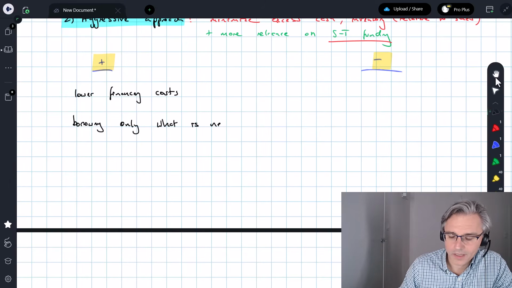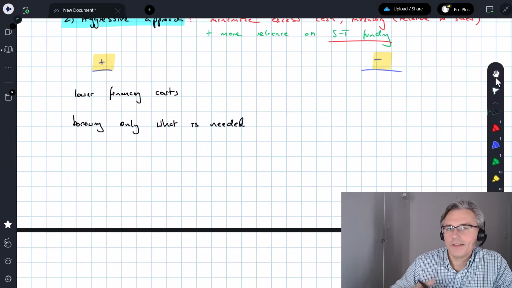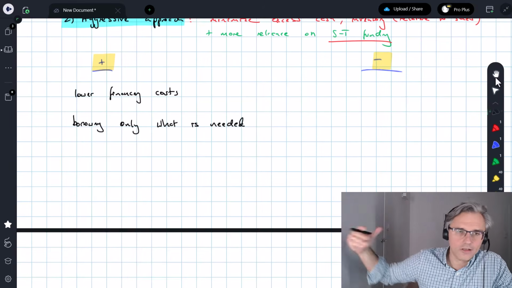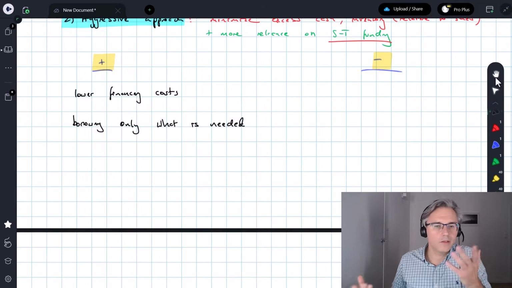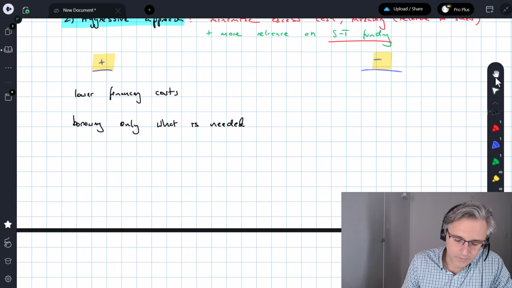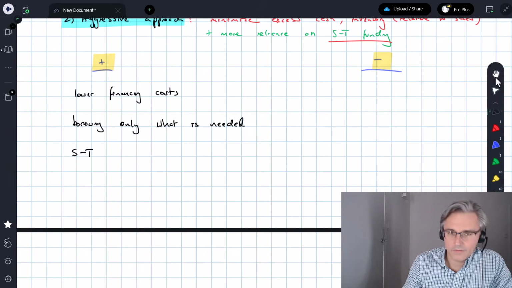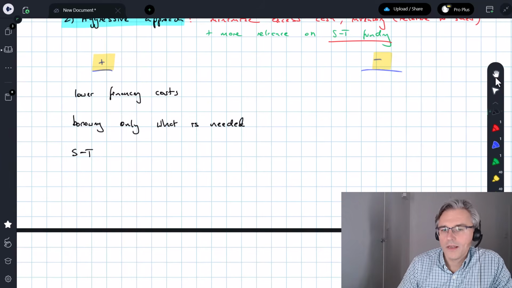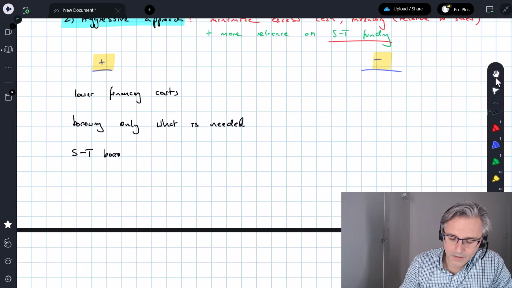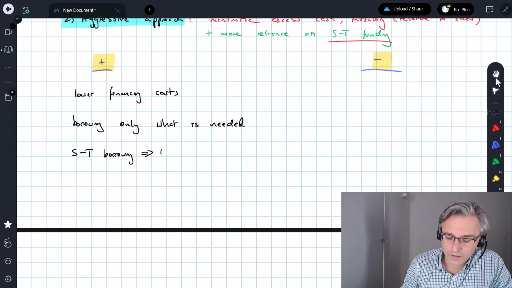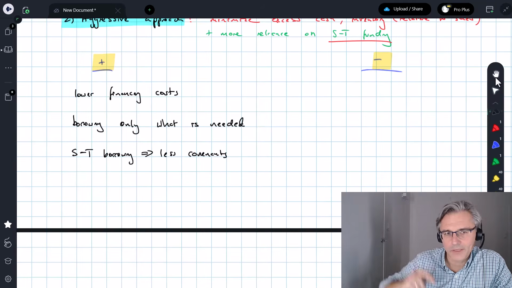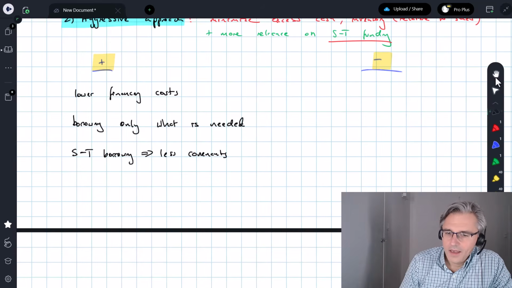We're not borrowing excessively, so we don't have excess cash lying around because we've borrowed too much just in case we need to fund some liquidity gap. And another big advantage, which you already sort of know from the previous points, is that short-term borrowing typically means less meddling with the company by external debt providers, so fewer covenants being put in place.